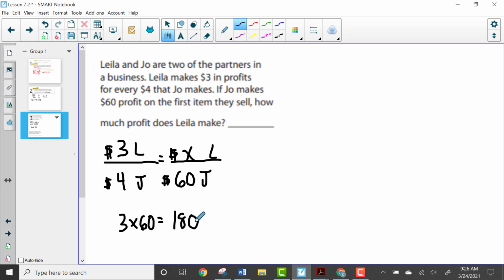And then the next thing you need to do is divide that 180 by the number that you did not cross multiply anything with, which was the 4. And you can see that will give you $45. That would give you the value for the missing amount, or would help you answer the question of how much profit does Layla make. We can see $45.